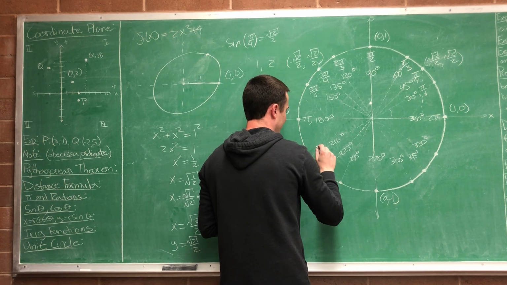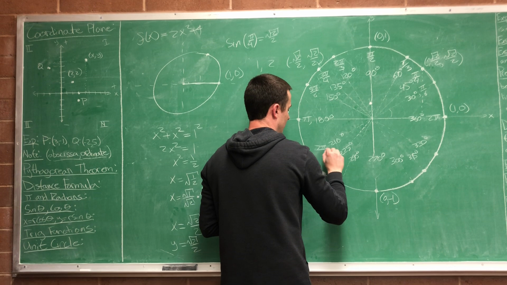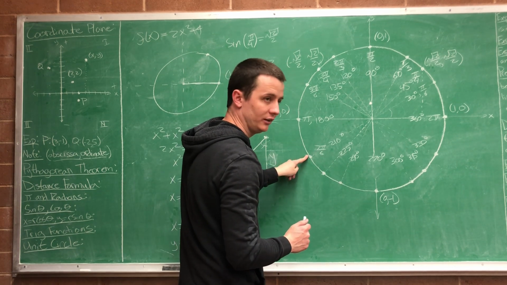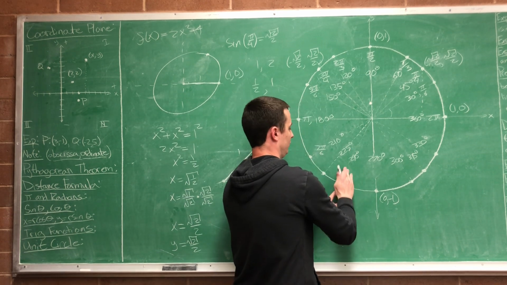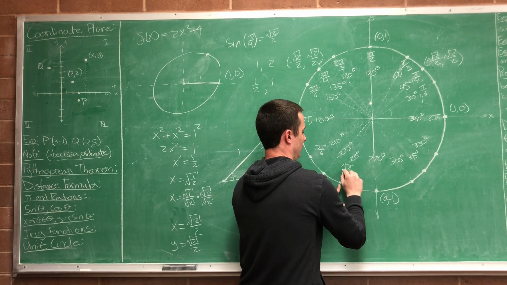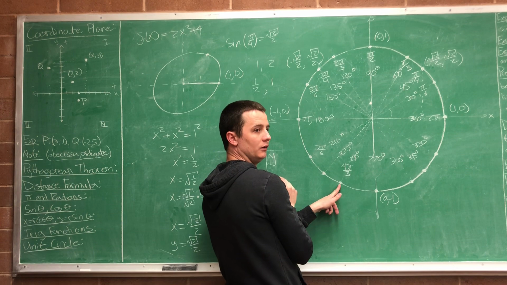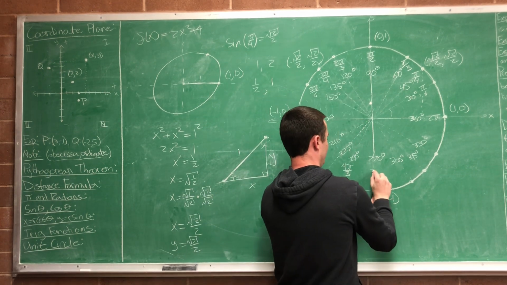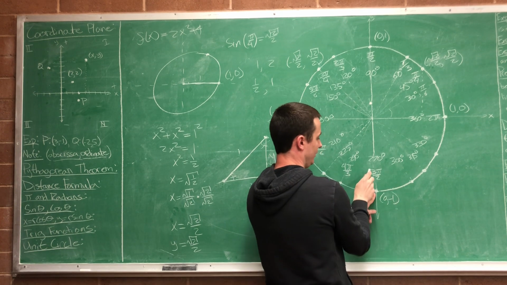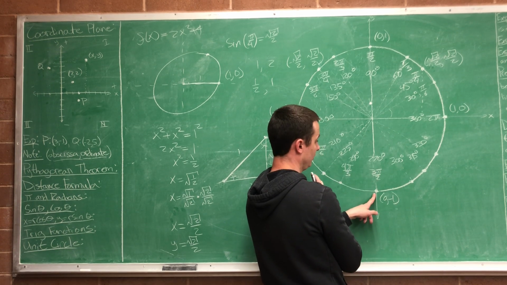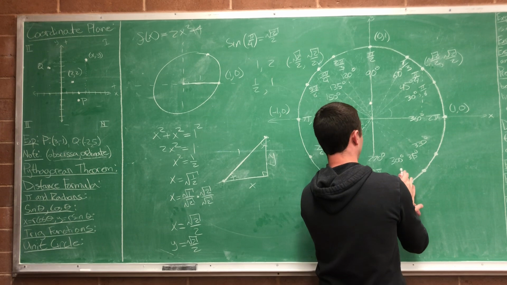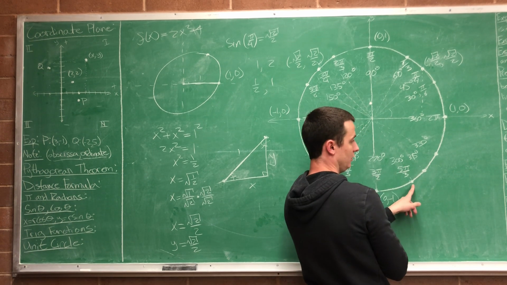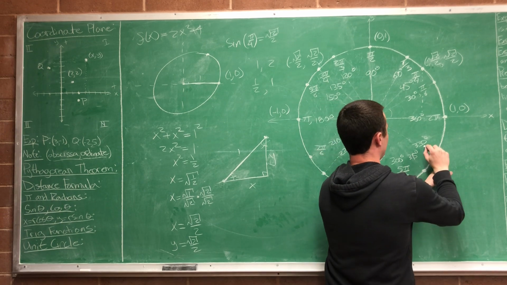This is 7 pi 6. Just counting by 6, here's 5 pi 6, here's 6 pi 6, here's 7 pi 6, here's 8 pi 6, here's 9 pi 6, here's 10 pi 6, and here's 11 pi 6.